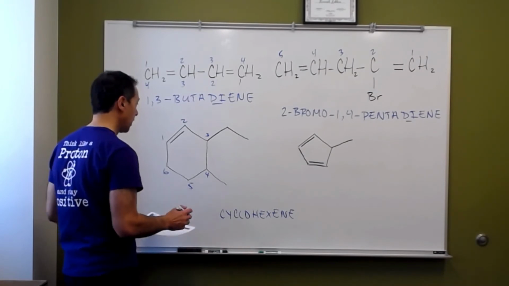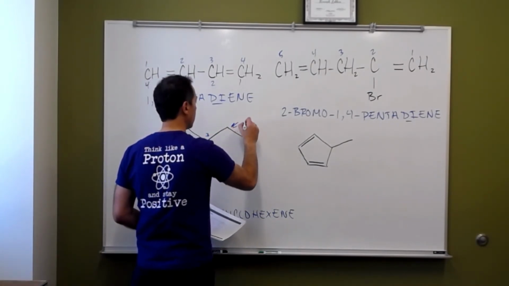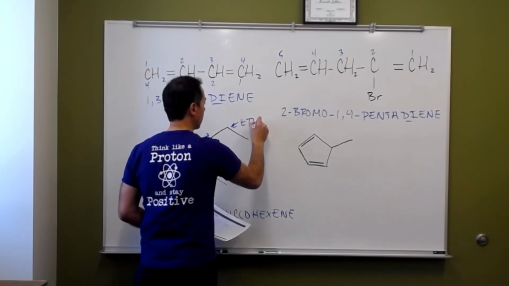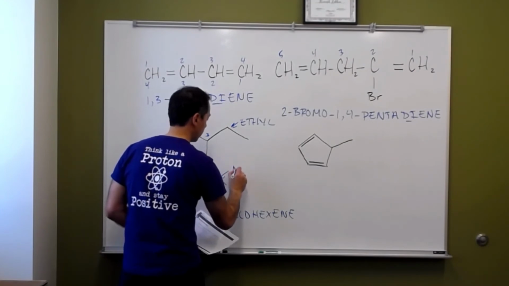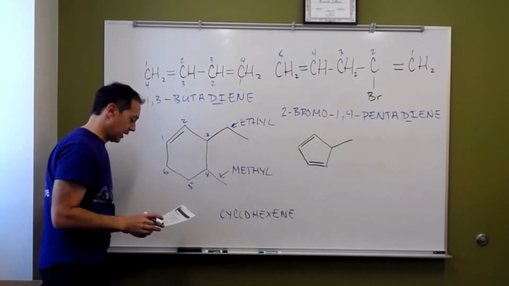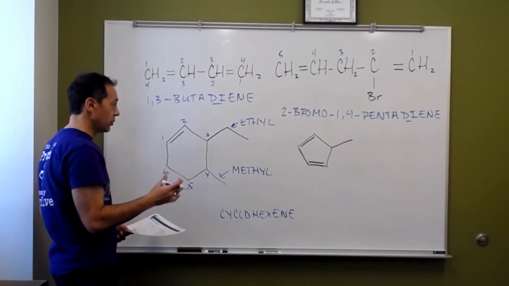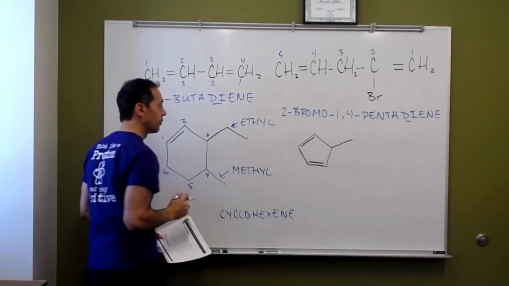We've got two substituents. Here we have an ethyl group. And here we have a methyl group. Ethyl and methyl. And when we do this, if we remember from a different video, we want to do this in alphabetical order.